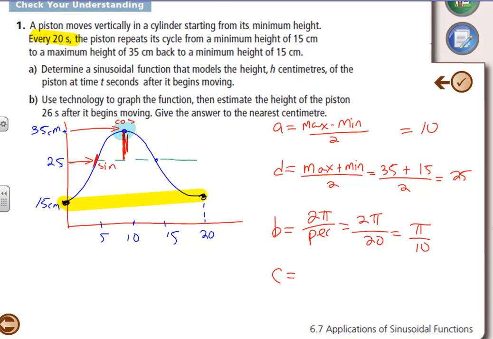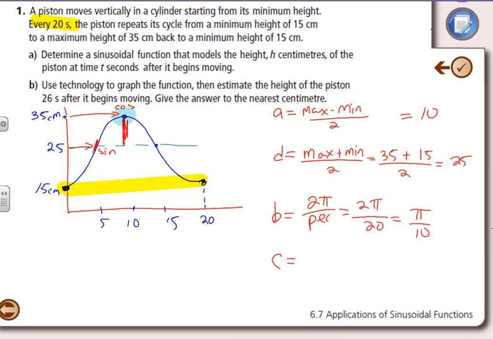And I'm just going to use the cosine for this one. So in that case, my C value is that distance, which is 10. 10 to the right. Throw it into the equation. Y equals A cos of B bracket T minus C plus D. Boom.